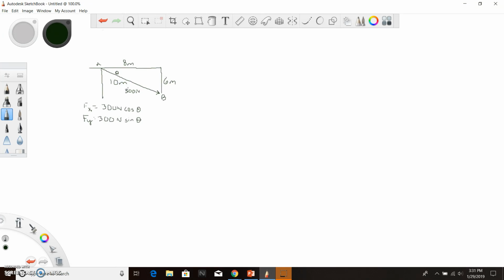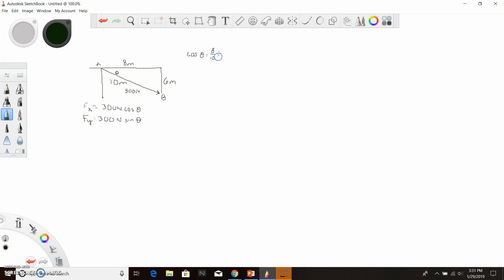Okay, so by doing that, we can figure out what cosine theta is. Cosine theta is adjacent over hypotenuse, that means 8 over 10.